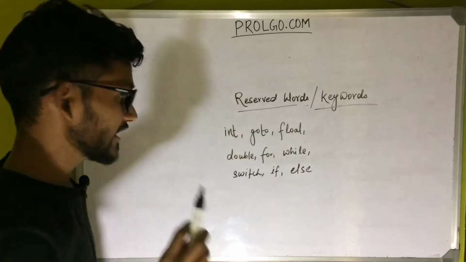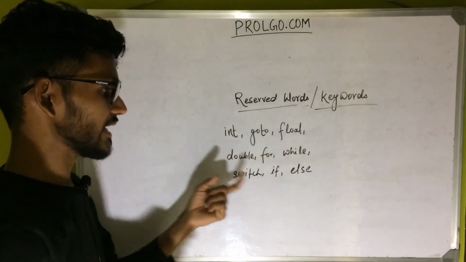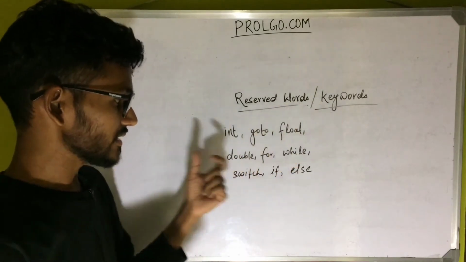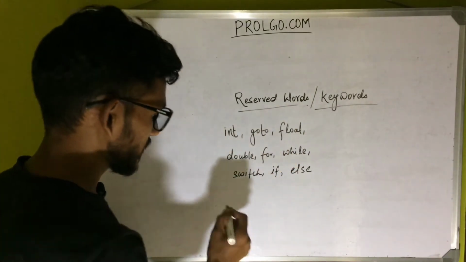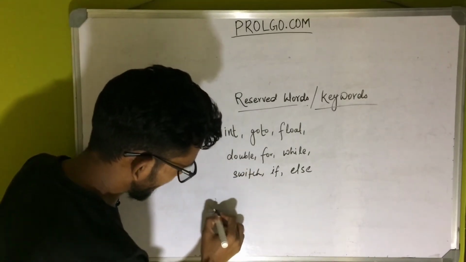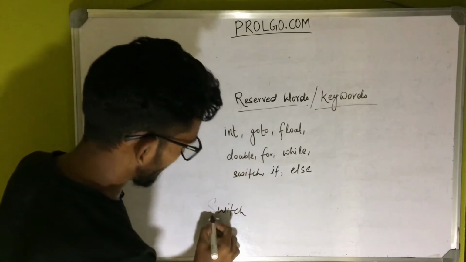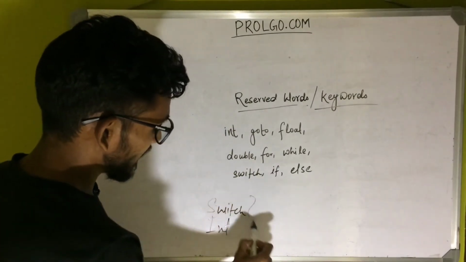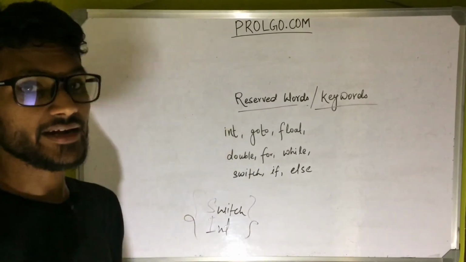And one thing you have to notice is that all the keywords are in small letters. I mean, no keyword will start with a capital letter. So if you write S as a capital, WITCH, or take I and T, these are not keywords, and these can be used as an identifier.